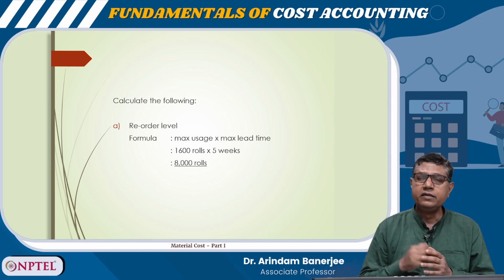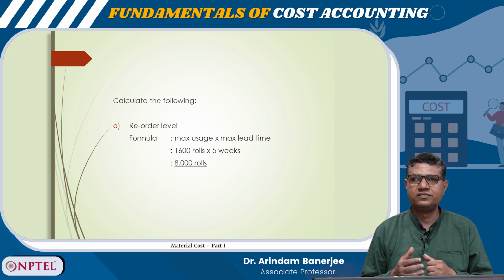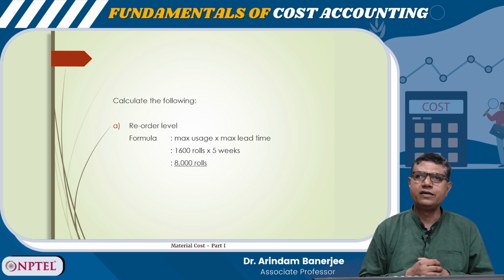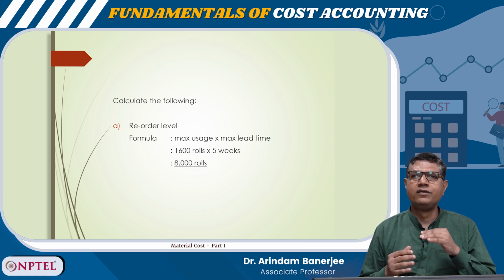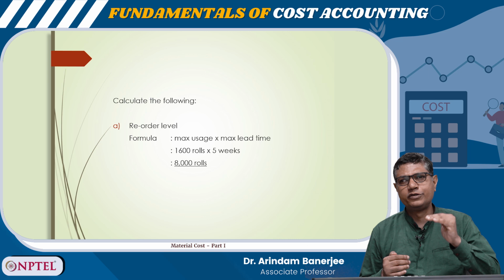Now, in this question, the company is a silk producer and it imports the raw material from China, right. So, it has to decide at what point of time it will reorder. Stock is reducing as production goes on and it is reaching a level, and then what is the reorder level.